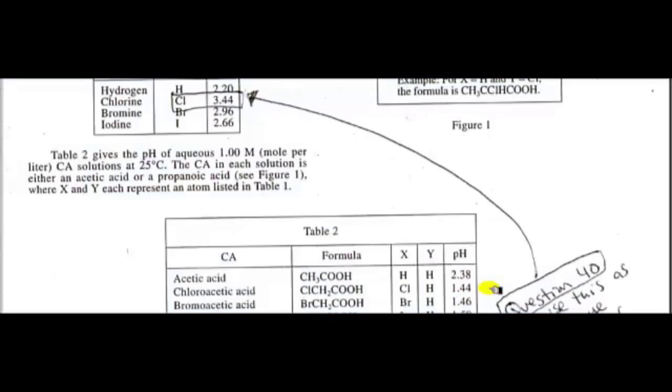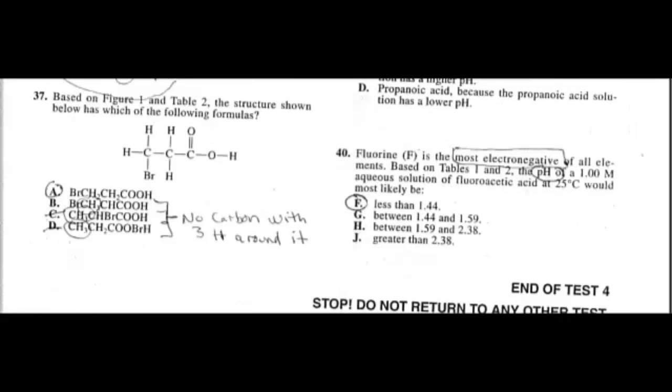So, in the question, problem number 40 tells us that fluorine is the most electronegative of all the elements. So when we come up here, we look at chlorine, which has an electronegativity of 3.44.